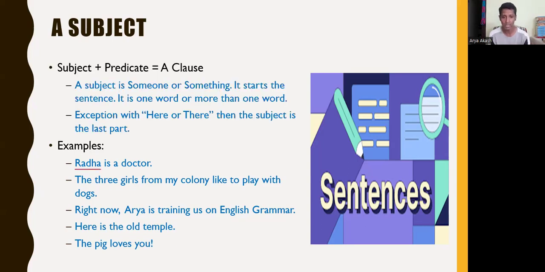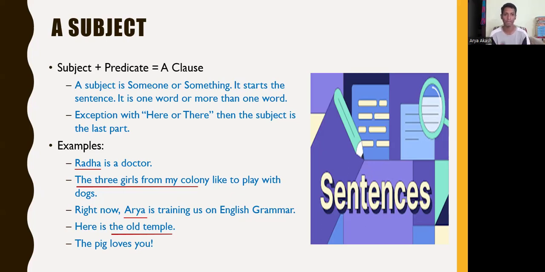The second sentence, three girls from my colony like to play with dogs. So about whom the sentence is, it is about three girls from my colony. So three girls from my colony is the subject in the second sentence. Same way, right now Arya is training us on English grammar. Who is training? Arya is training. So Arya is the subject. Here is the old temple. What is this sentence all about?